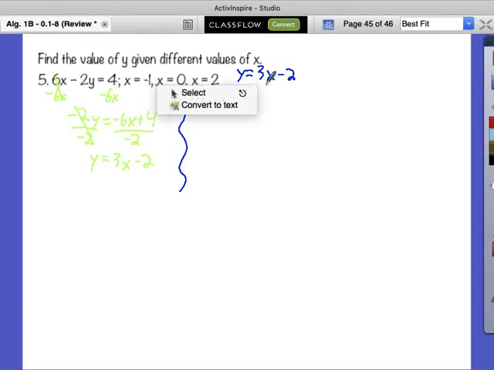So y is equal to 3 times -1 minus 2. Go and write this down. We're going to do 3 different ones of these: when x is -1, when x is 0, and when x is 2.